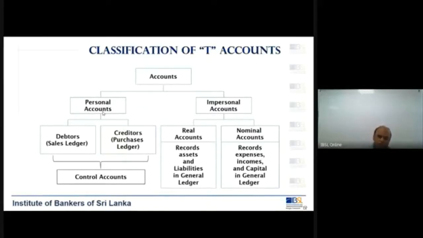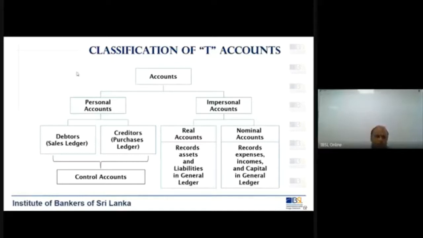So all those are personal accounts. And the other side is the impersonal accounts. Whatever transaction is recorded in an account other than an individual or a company account will be an impersonal account.